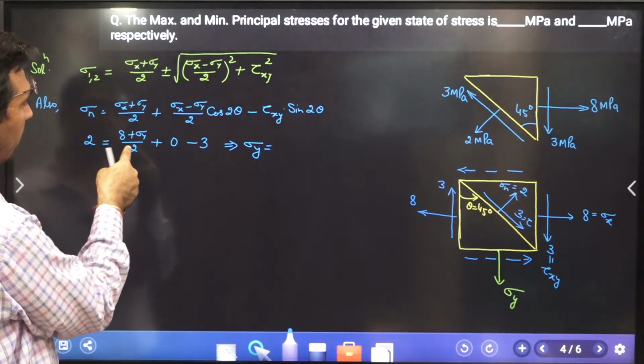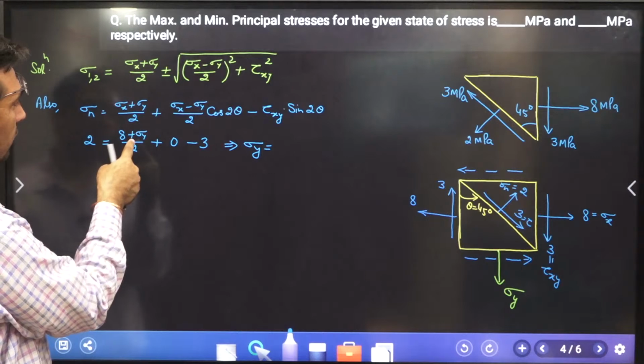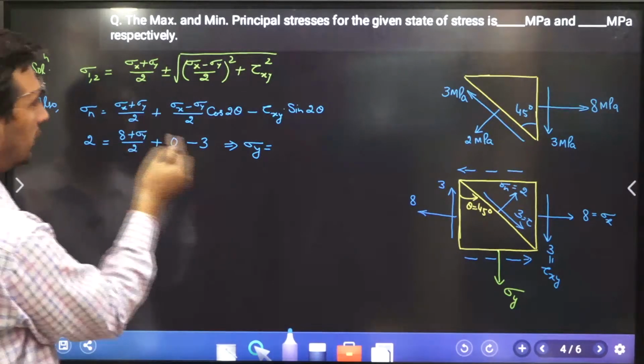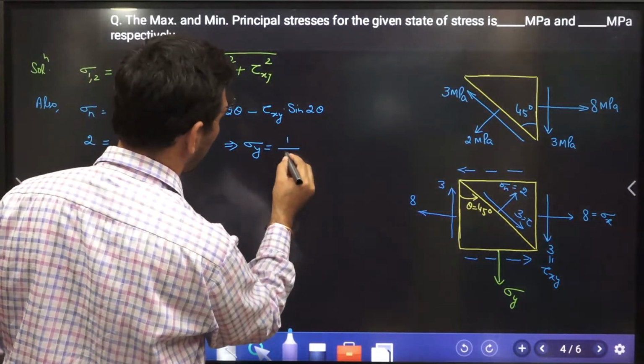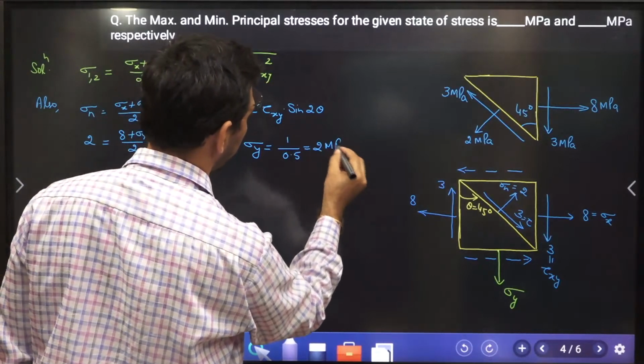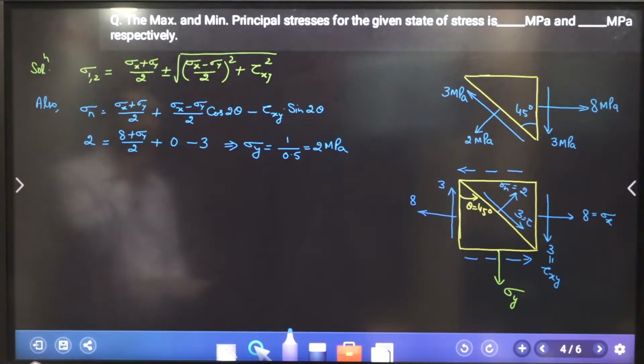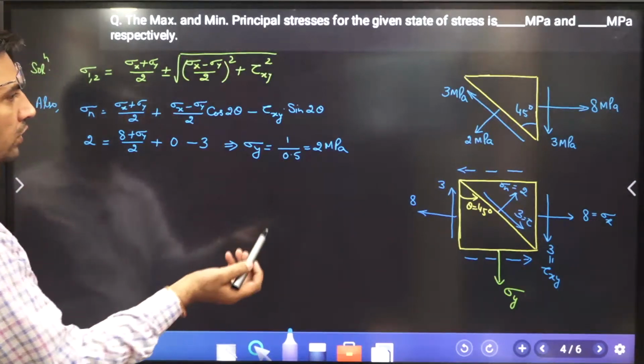But sigma y by 2 is also over there, so 0.5 sigma y. So it will become 1 divided by 0.5, that means 10 by 2, that means 2 megapascal. And this value is coming out to be positive, so I got the value of sigma y as 2. Okay, so now the rest is simple, I don't need to go for tau.